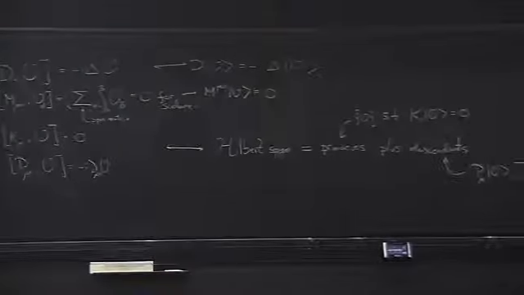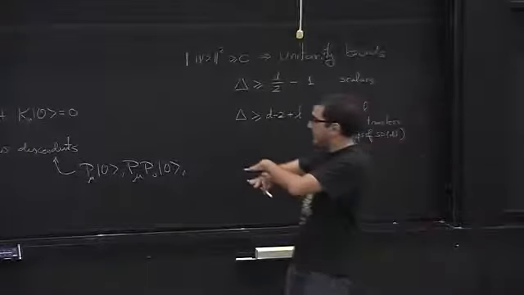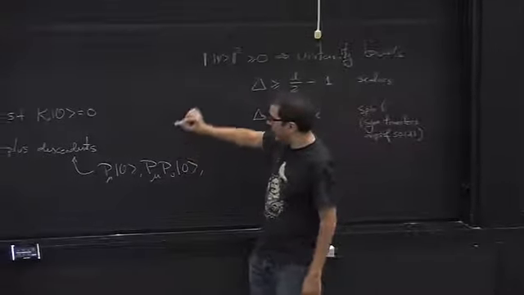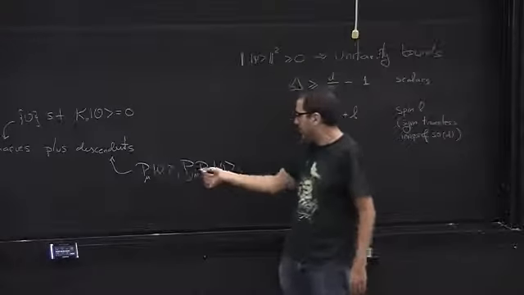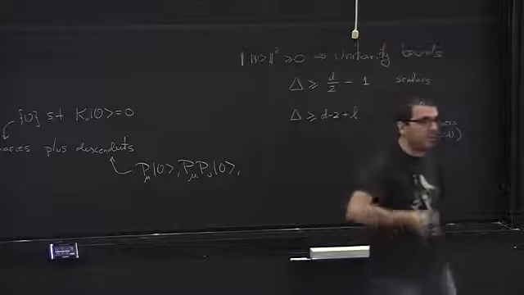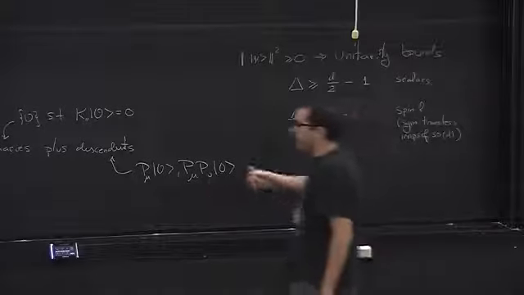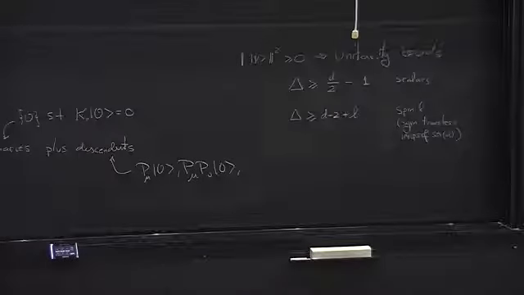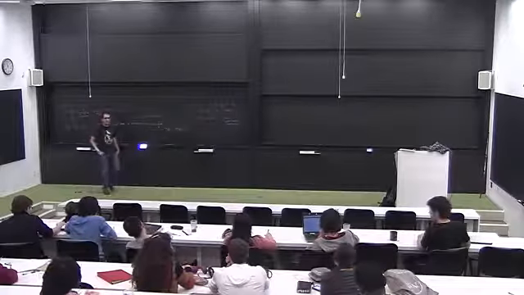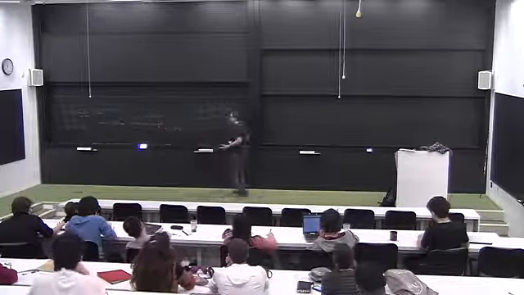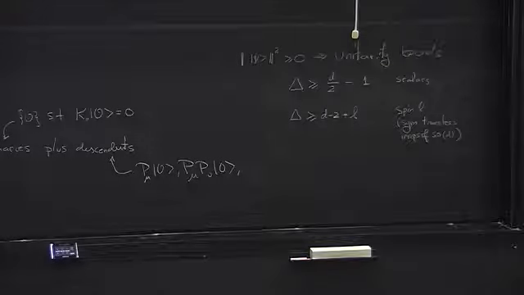So they define a very special set of operators of your theory that are killed by this K. And starting from any of those operators, you can use P as raising operators to create operators that have dimension delta plus 1, delta plus 2, delta plus 3, and so on, which are what are called the descendants. And in terms of operators, they are just derivatives of operators. If you have an operator, you take a derivative. Because a derivative has dimension 1, you just increase your dimension by 1. And correlation functions of primaries and of descendants are, of course, simply related because the one is just derivatives of the other, so you just take derivatives of the correlation function.